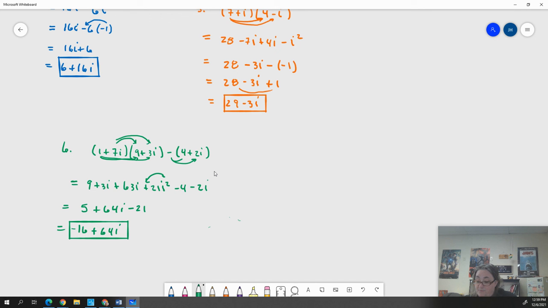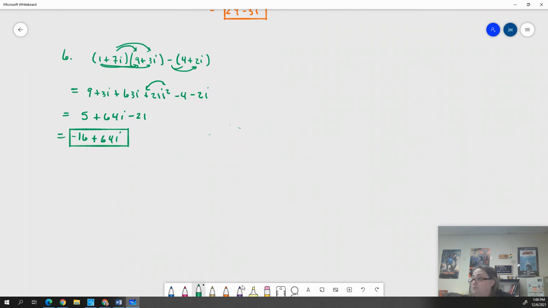Sometimes you might get problems where it's multiplying multiple things. Like if I had, I'm just going to make this up now. So I'm going to try and keep the number simple. 4i times 2i squared plus 3i.